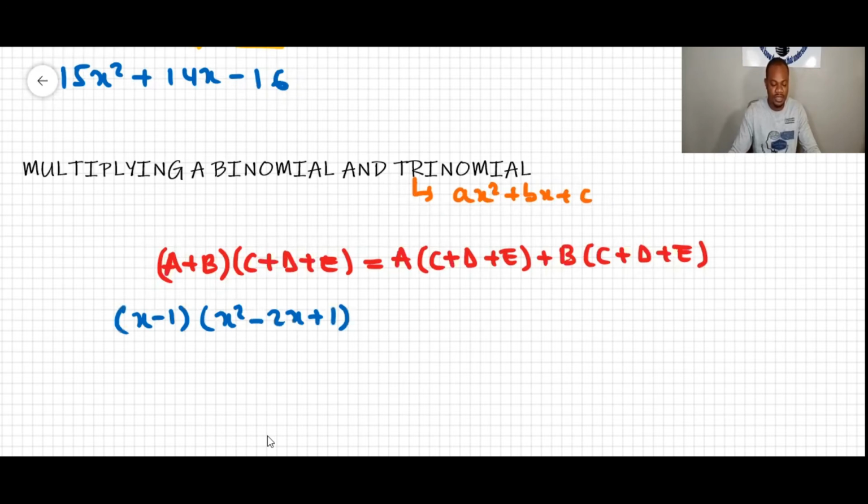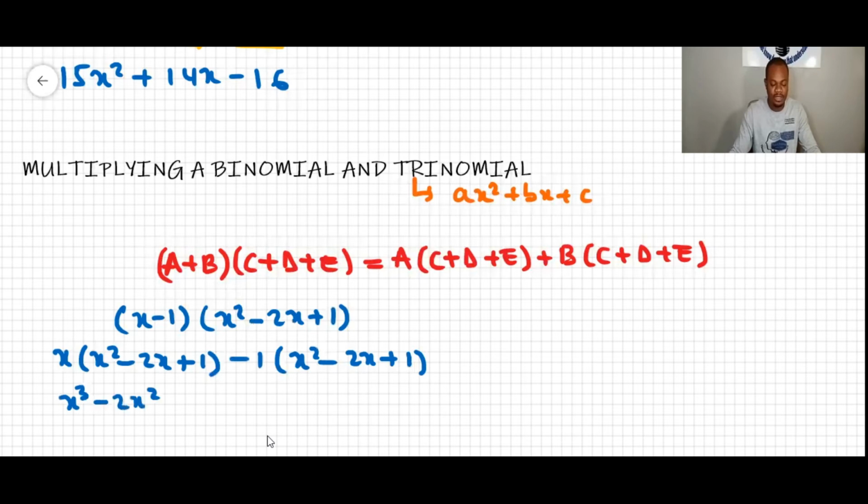We will say x times everything in the bracket here, x squared minus 2x plus 1, and minus 1 times also everything in the brackets. So this will be x cubed minus 2x squared plus x minus x squared plus 2x minus 1, since negative 1 times 1 makes negative 1.